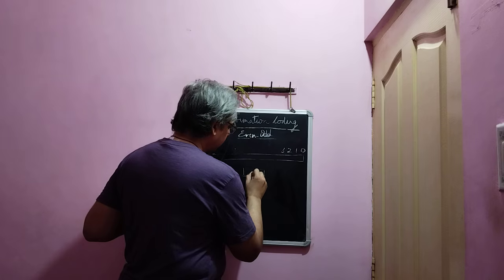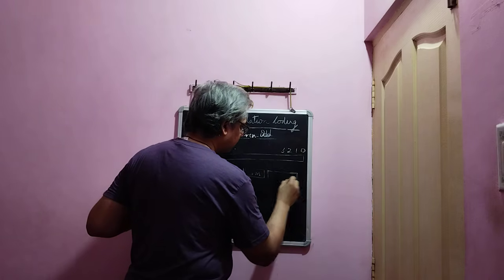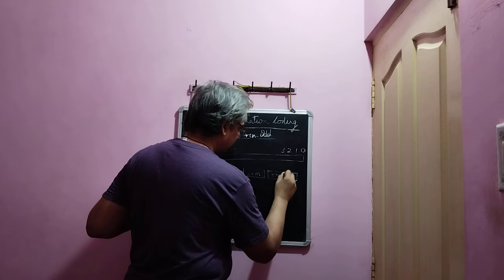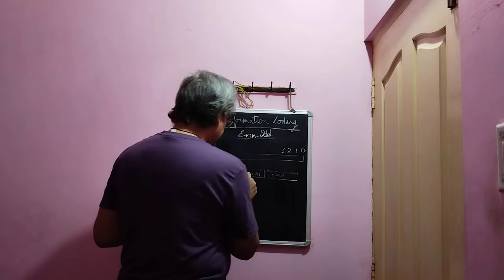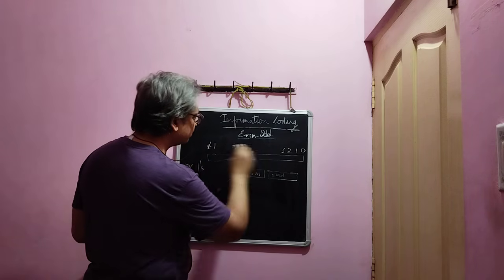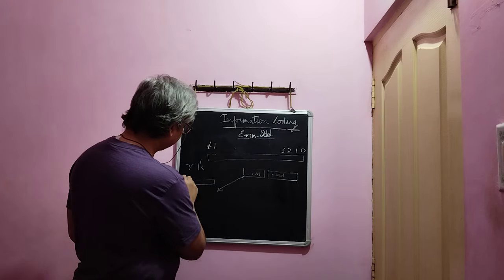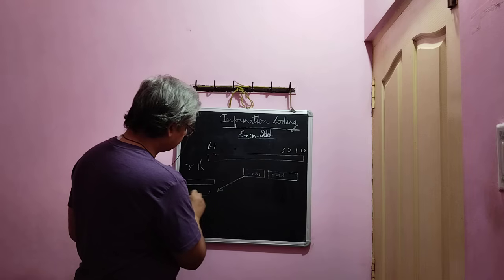In the first level you maintain the number of ones in the even location and the number of ones in the odd location. In the next level, you split the information into two parts, two streams. All the even locations is one stream, all the odd locations is another stream.